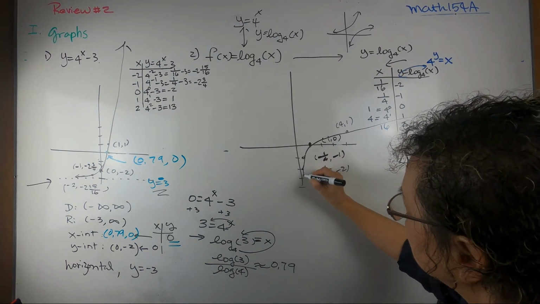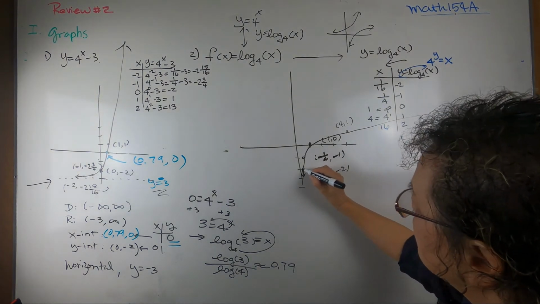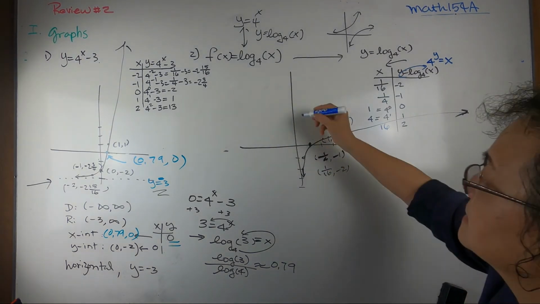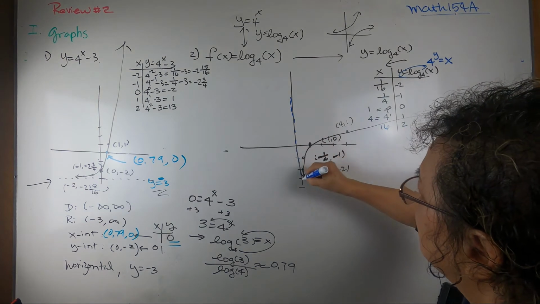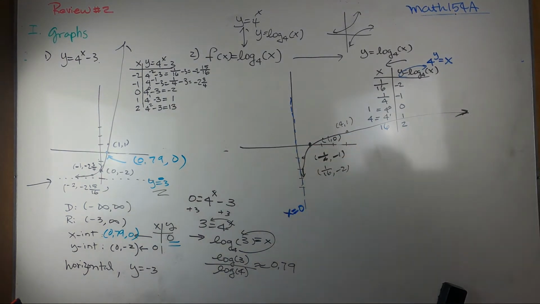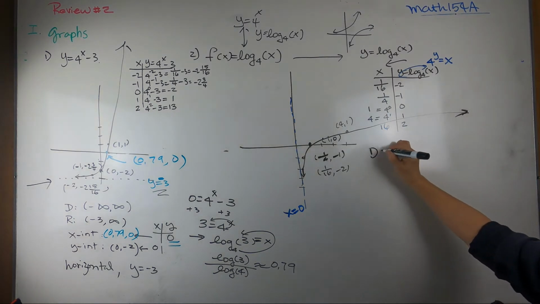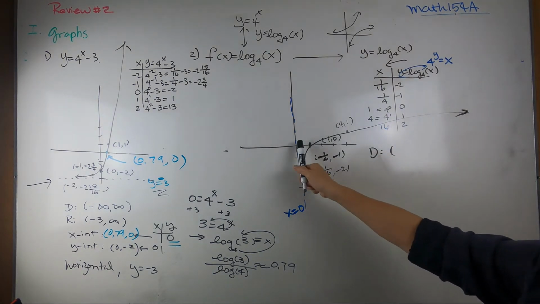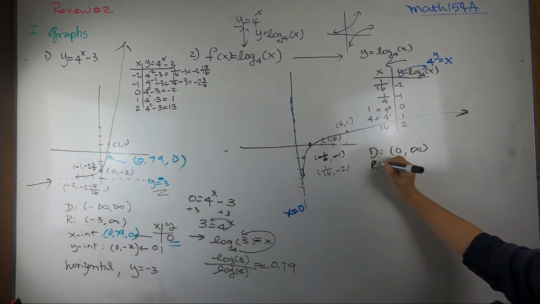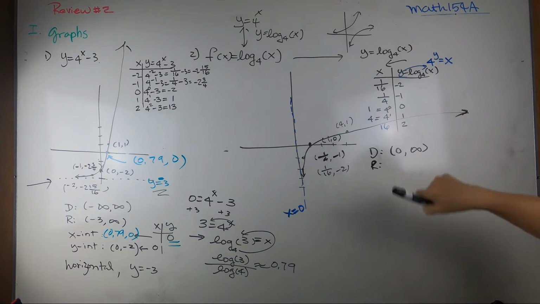Then for this part you need to use an arrow as well, because it's continuous but never touches it, and it's limited by this line. This line is x equals 0, right? So what's your domain? Domain would be for x, left and right: 0 to infinity. For the range, go up and down.